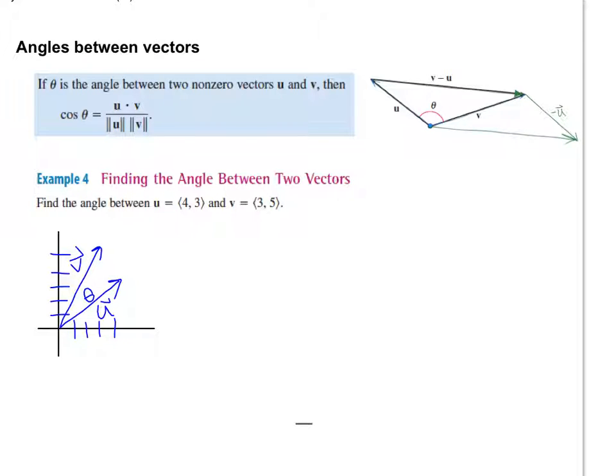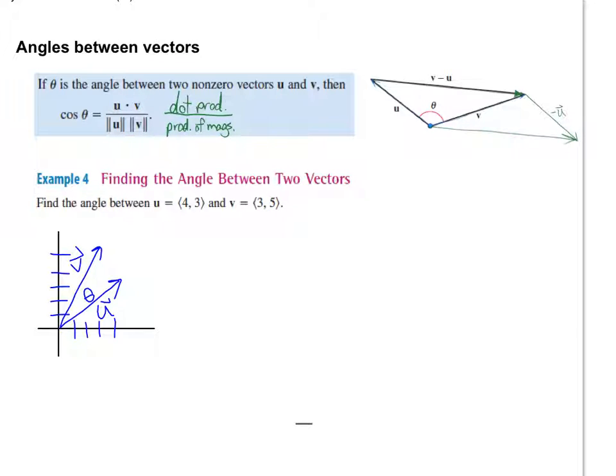If you just remember it as the dot product over the product of the magnitudes, that's the easy way to remember it. Now that's the cosine of theta, so we'll need to take the inverse cosine if we want to get the actual angle. But this is the formula that we can use.